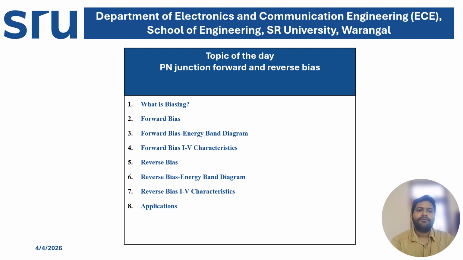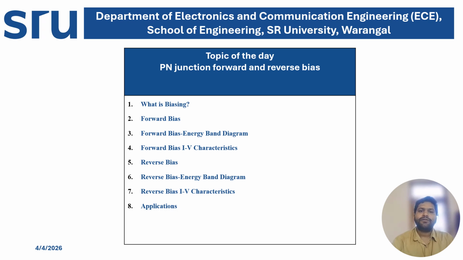Similarly, in reverse bias, the positive terminal of the battery is connected to the N side and the negative terminal is connected to the P side of the semiconductor. What happens here?